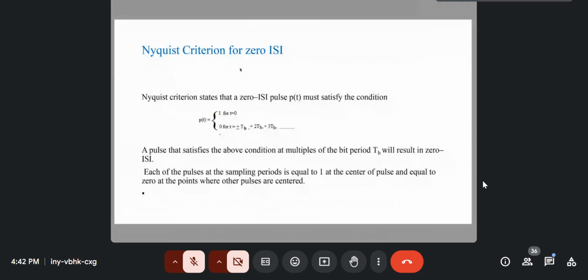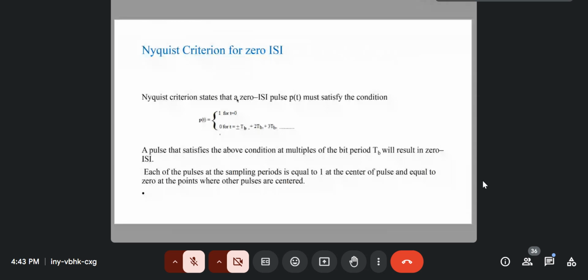There is a Nyquist criterion. Some of us mistake the Nyquist criterion for sampling, but there's also a Nyquist criterion for zero ISI.